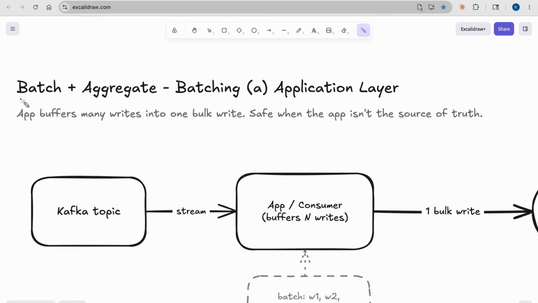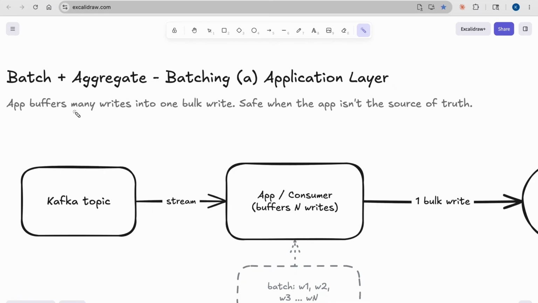Now the fourth approach is batching and hierarchical aggregation. First, let's talk about this at the application layer. The idea is simple: we buffer many writes into one bulk write. Let's say we are receiving 100 writes.